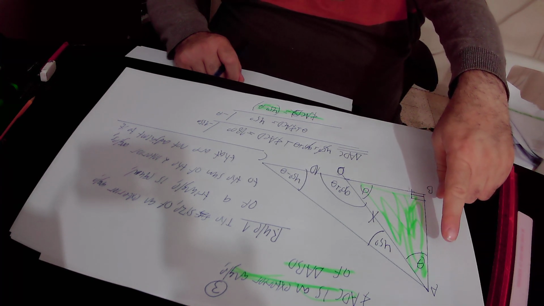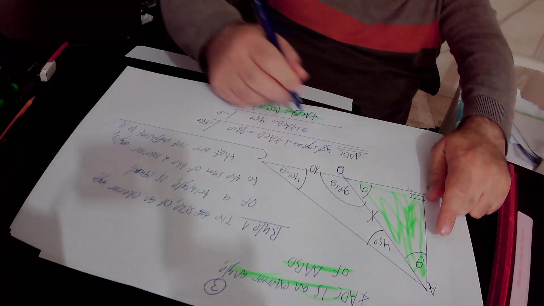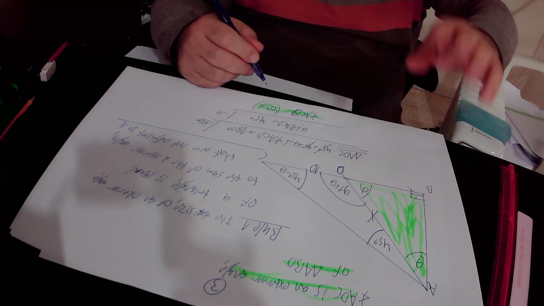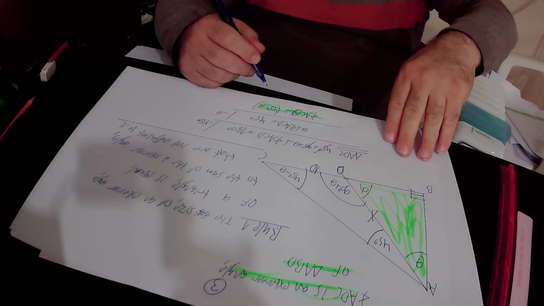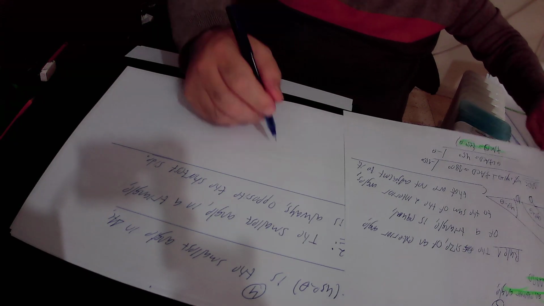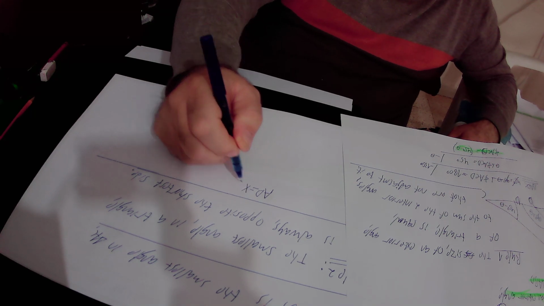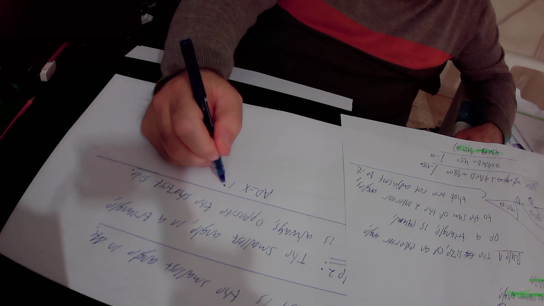That is to say, AD that is equal to x is the shortest side in triangle ADC.